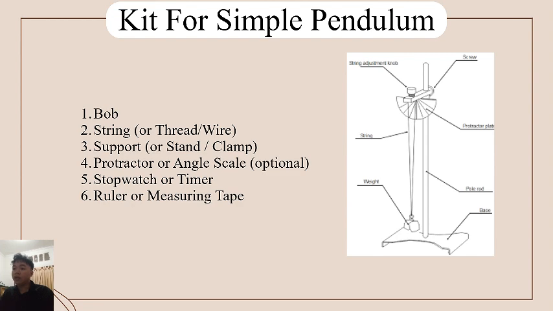Next is the kit for simple pendulum. The kit for simple pendulum has six items. Number 1 is the bob. The bob is a small dense object, usually made of metal like brass or steel, that acts as the mass of the pendulum.